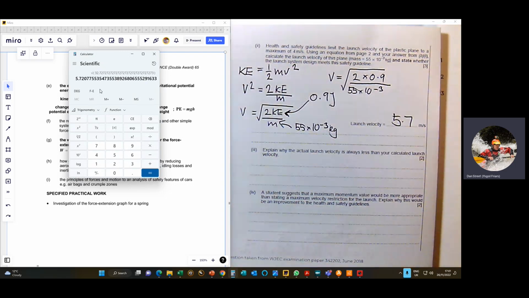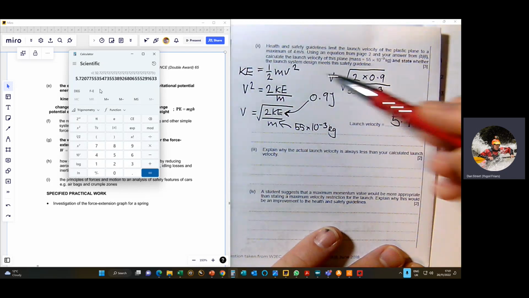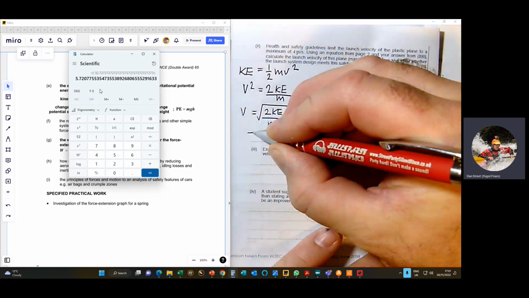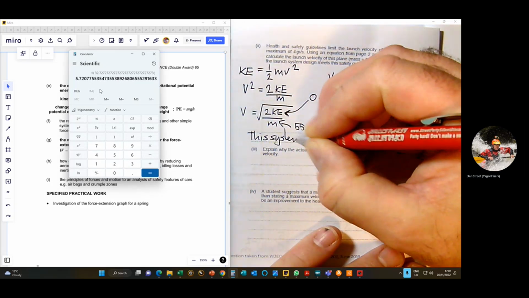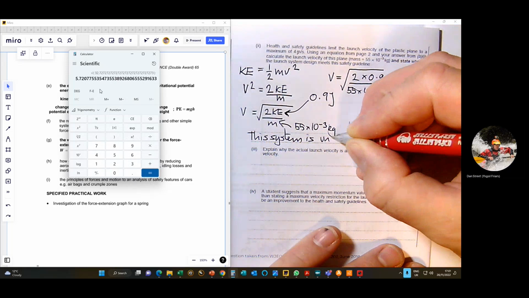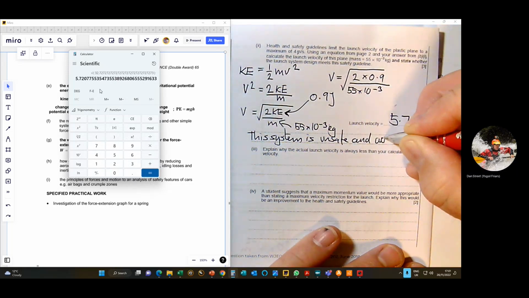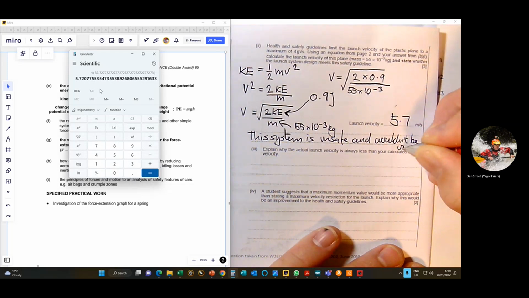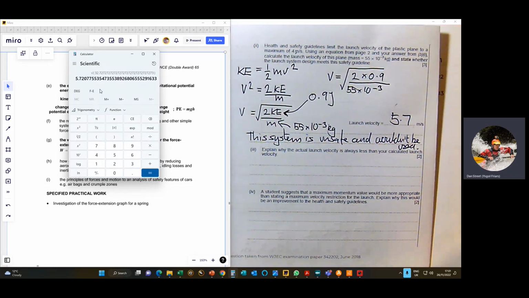Okay, so if the launch velocity is 5.7 meters per second, and the safe launch velocity is 4 meters per second, then clearly this exceeds that, and therefore it's not safe. Okay, so this system is unsafe, wouldn't be used. So you couldn't use that system to build your model aeroplane.